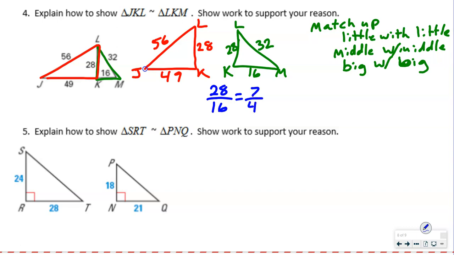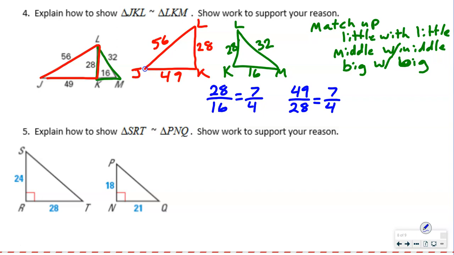Then our middle side in the red triangle is 49. In the green triangle it is 28. Greatest common factor is 7. 49 divided by 7 is 7. 28 divided by 7 is 4. So we're looking good so far.